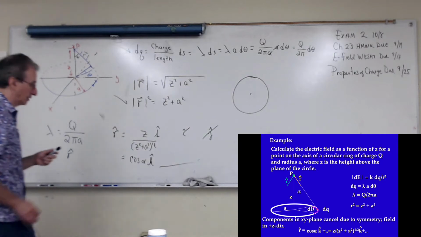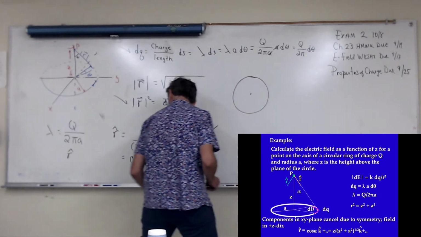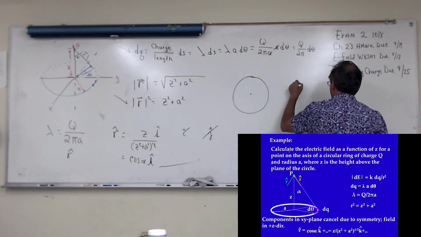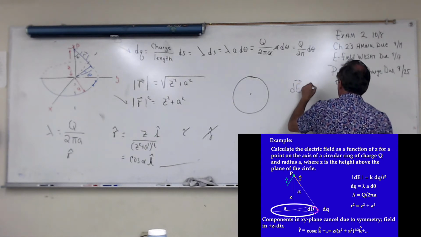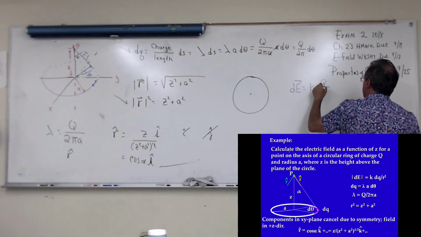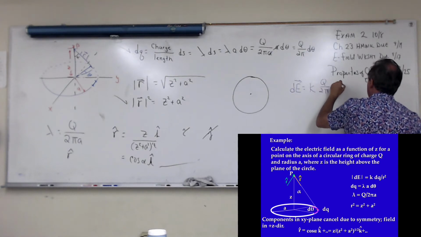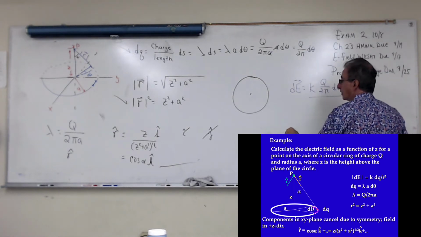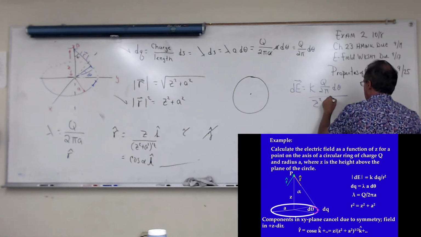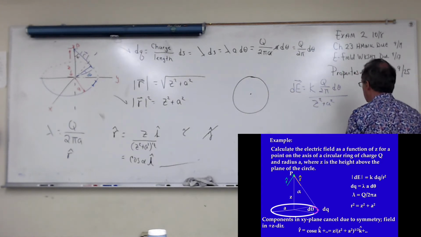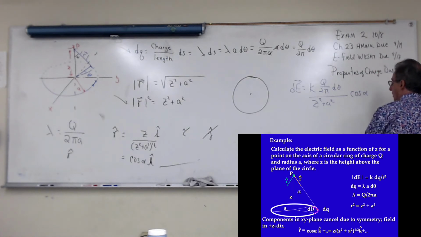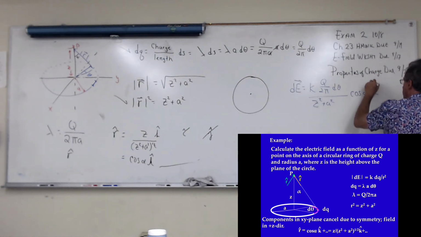So let's put it all together. dE is K dQ, which is going to be Q over 2 pi d theta over r squared, then our r hat, and it's in the k hat direction.